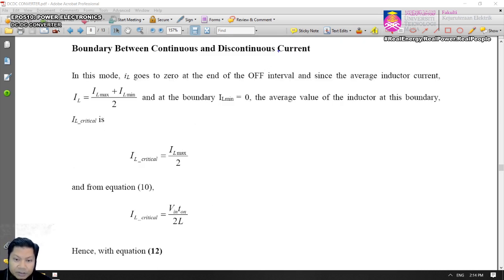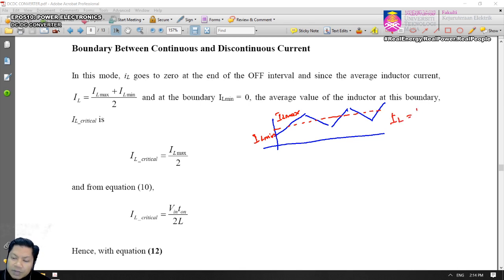At the boundary, if I may sketch the inductor current again, we have this as IL max, and this is IL min. And the average of IL is always IL equals IL max plus IL min divided by 2, right? So that is the average of that waveform.